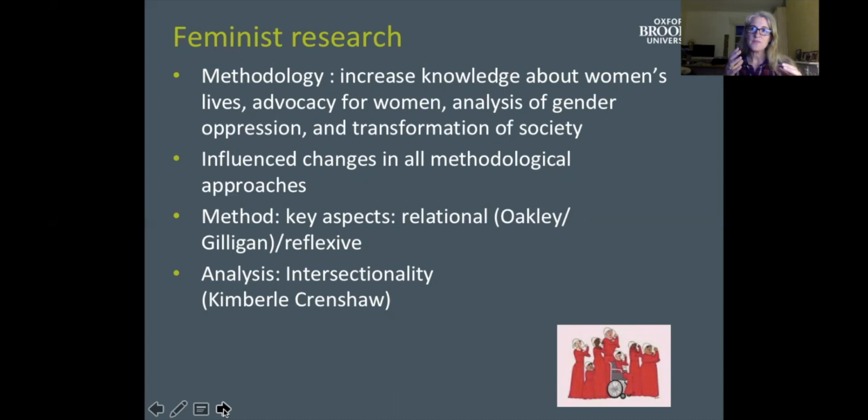This concept directly challenges things such as the possibility of bracketing, removing oneself from the research process. Is that actually possible? Ann Oakley explored this relationality in relation to the research interview and suggested the impossibility of removing the researcher's influence from this interaction.